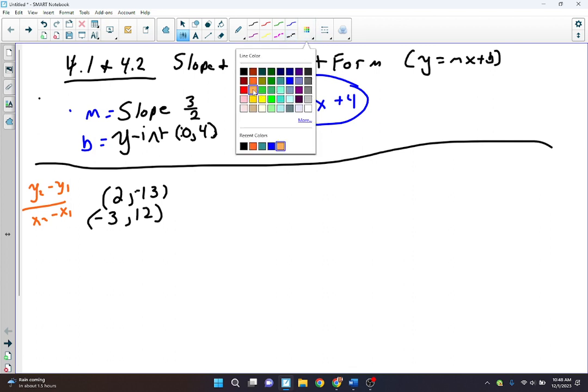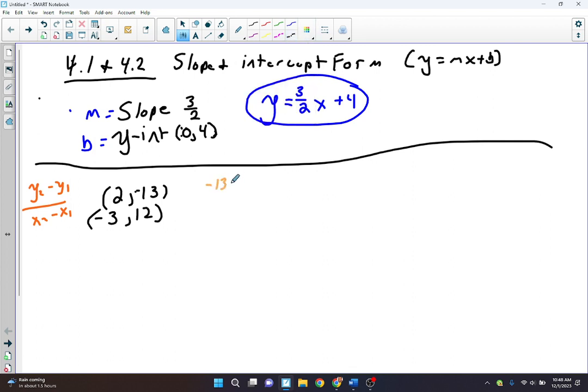So that's negative 13 minus 12 over 2 minus negative 3. Remember, that's the same thing as 2 plus 3. Negative 25 over positive 5 reduces down to negative 5. Remember, reduce the fractions if possible. It makes your life a lot easier.